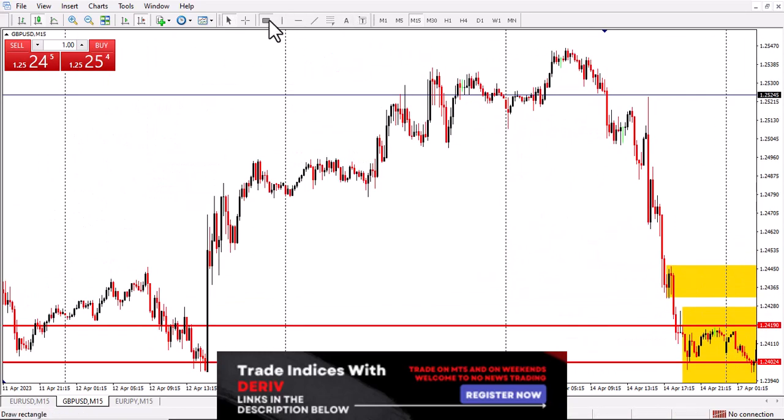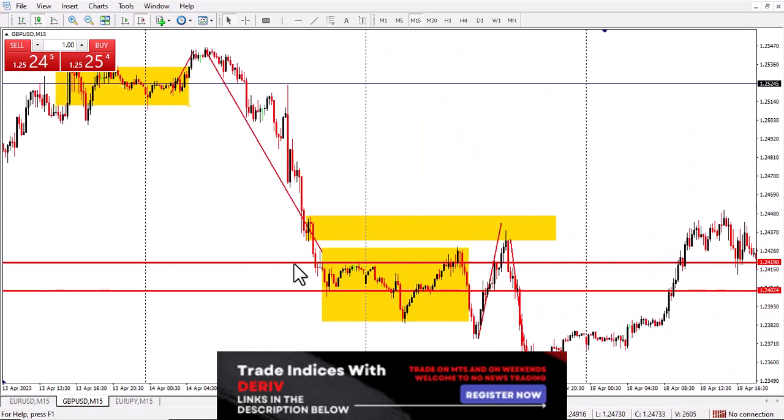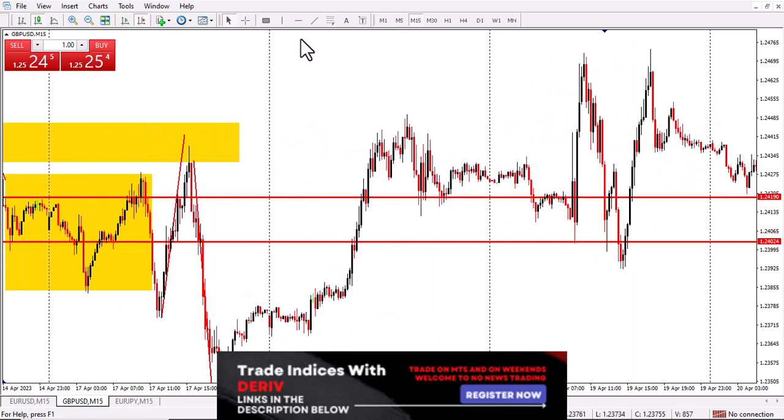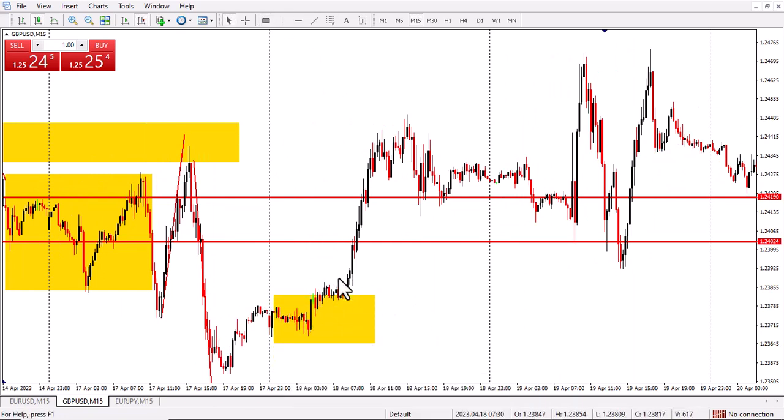Then you come here again, we have this Asia accumulation. After that, we have this manipulation reaching out into some point of interest down there, and this is the distribution. Same applies here. On this one, we did not have a clear accumulation and distribution, so we are not considering this as our AMD pattern example, right?